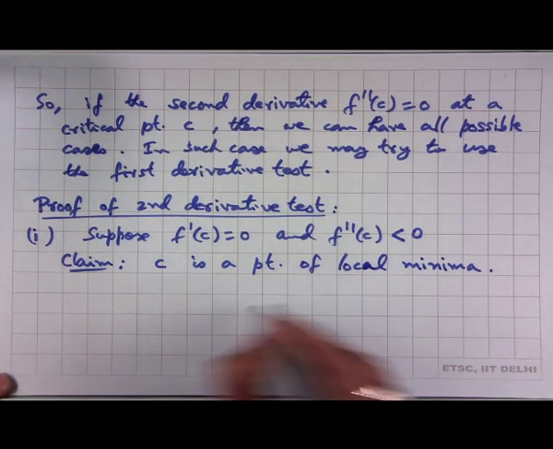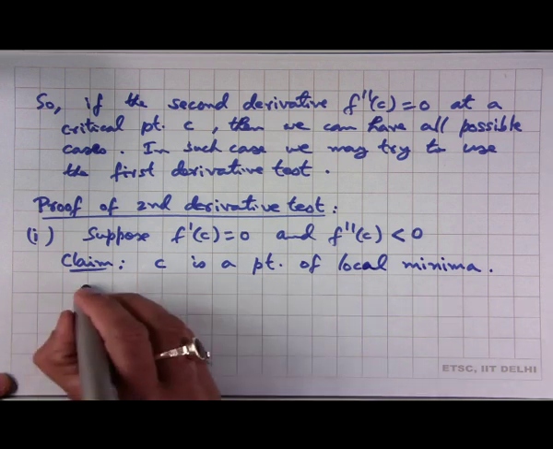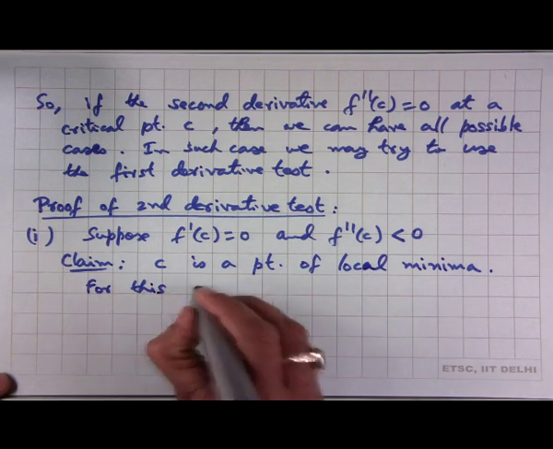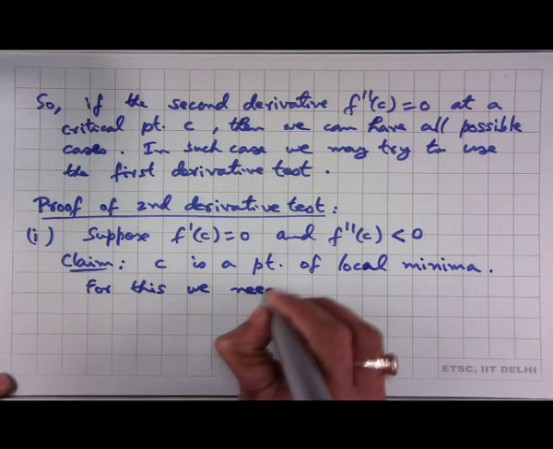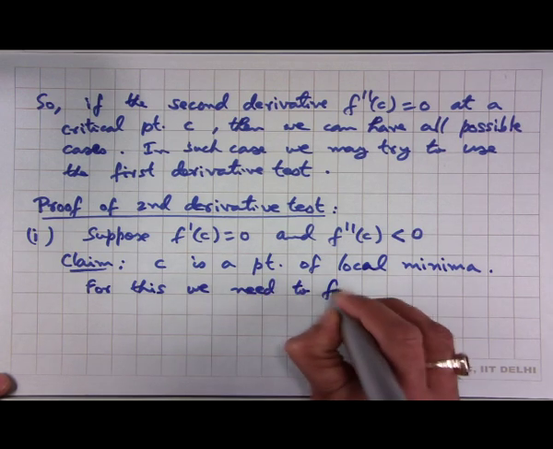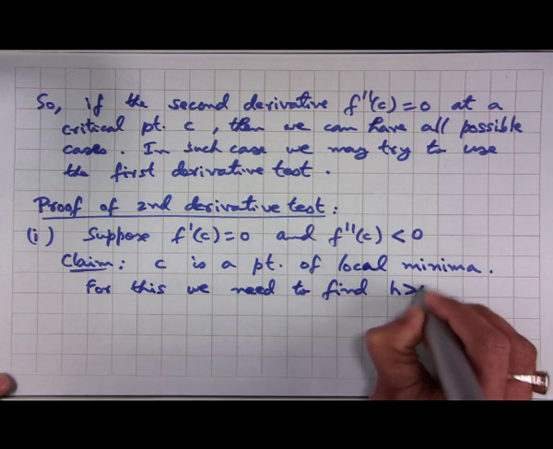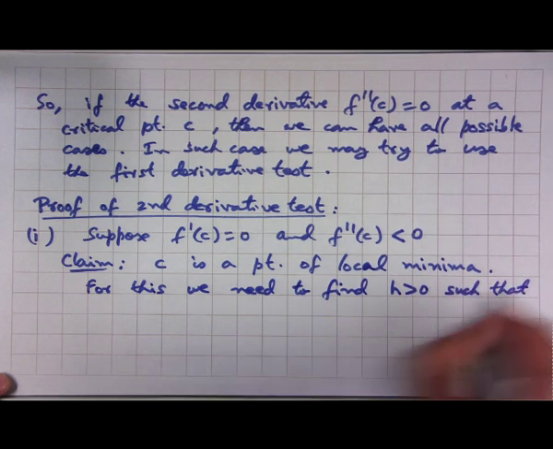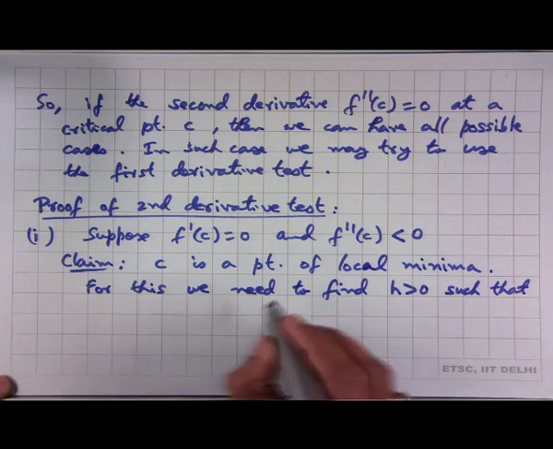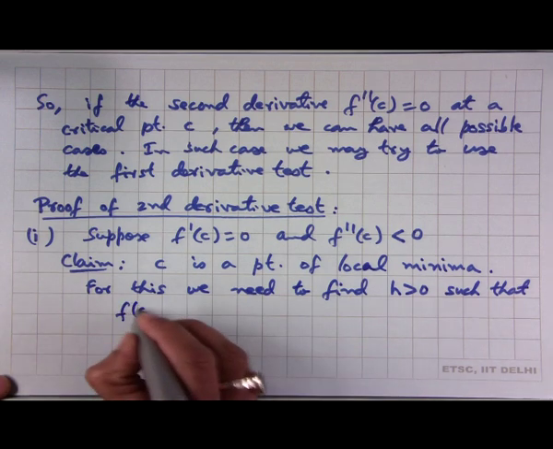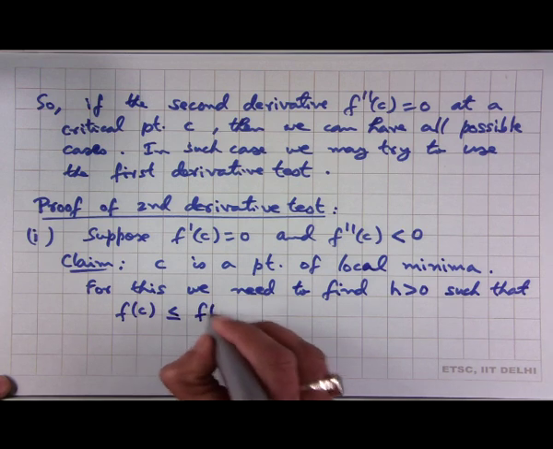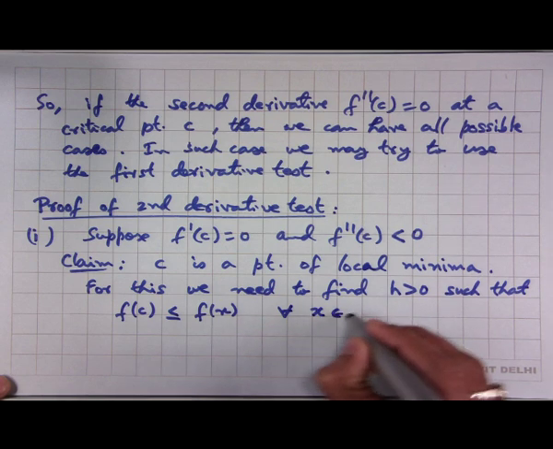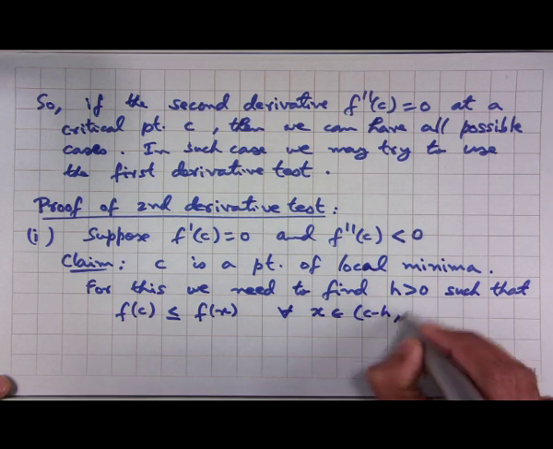So, for this what we have to do is find some h positive such that f of c is less than or equal to f of x for all x belonging to (c minus h, c plus h).